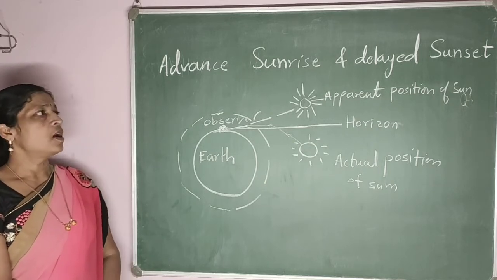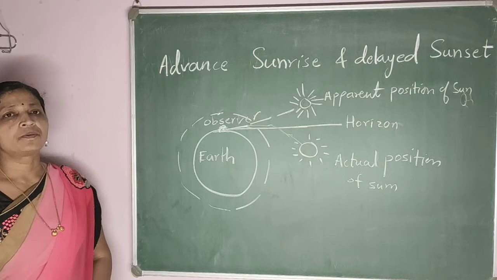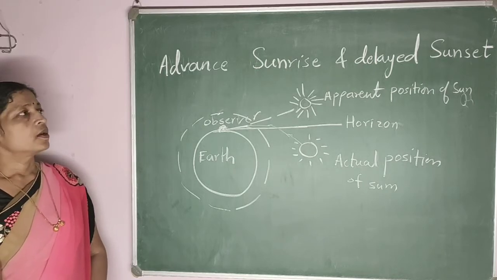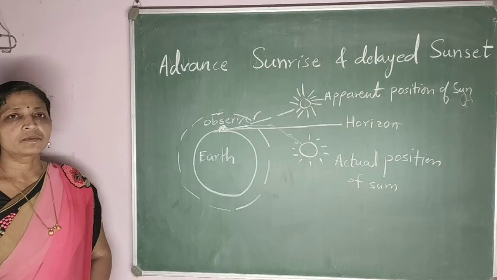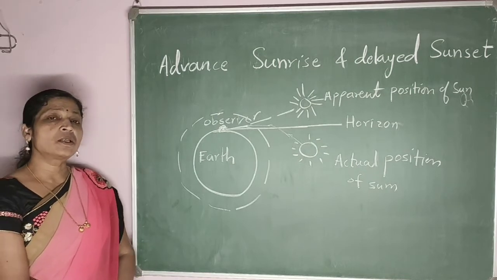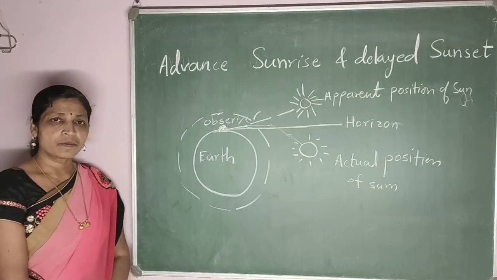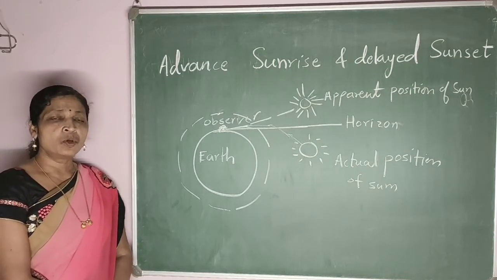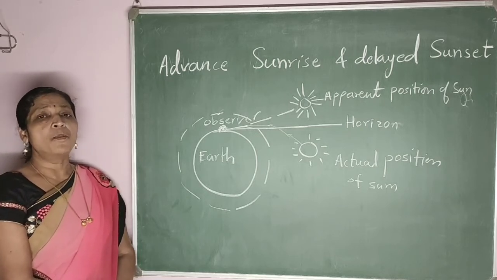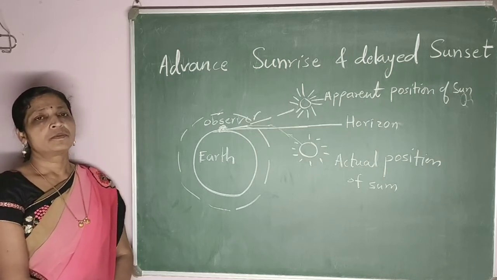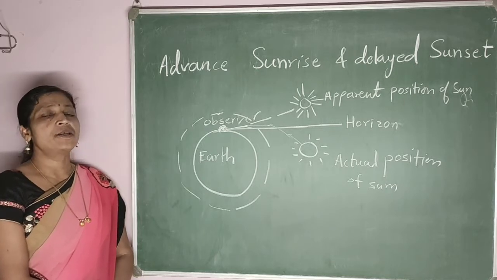That is known as advanced sunrise. Delayed sunset. What is delayed sunset? After the actual sunset occurs, we are still able to see the sun above the horizon for 2 minutes. That is called delayed sunset.